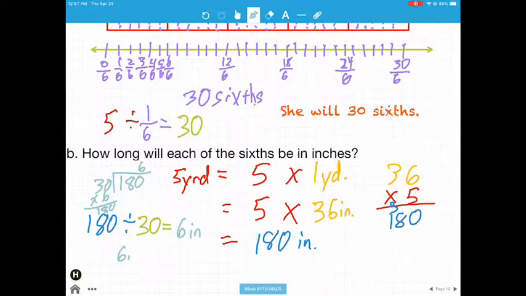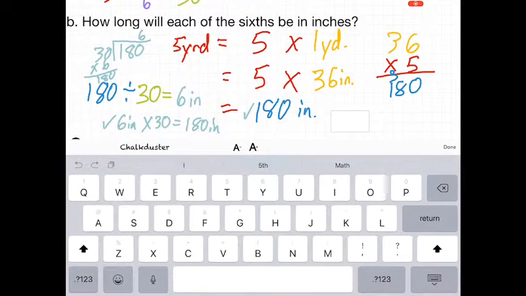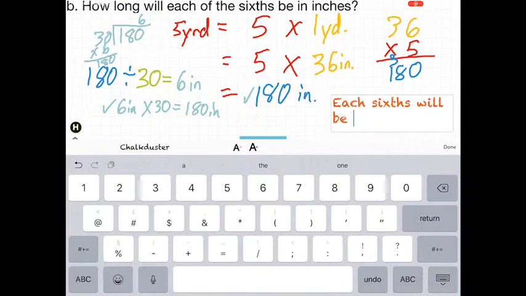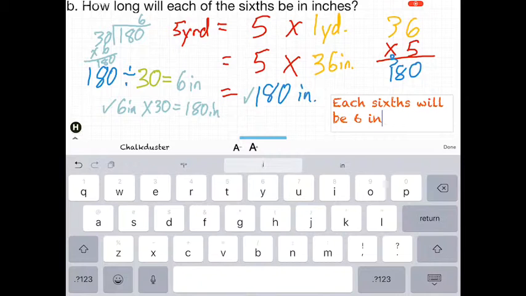How do I check? 6 inches times 30 will give me 180 inches. So there's my check. Each piece will be 6 inches.